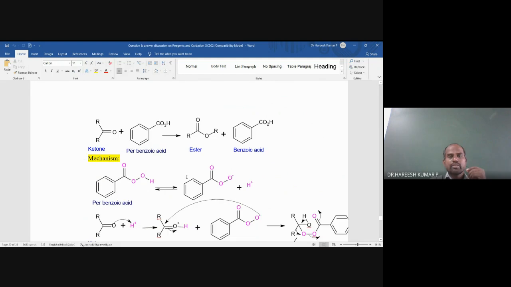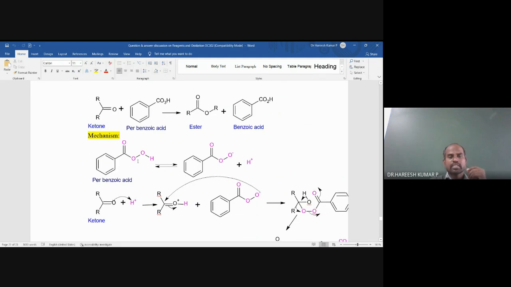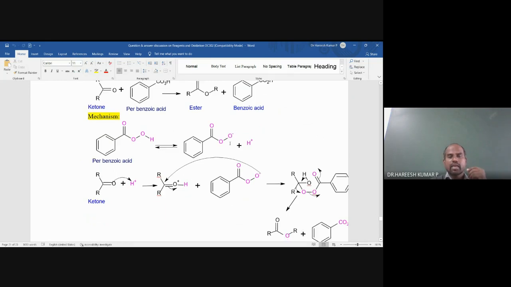If we look at the mechanism, this is the perbenzoic acid structure. In the presence of base, it will form an anion like sodium perbenzoate. A proton is liberated, and this proton reacts with the ketone and forms a carbocation. At that time, the peroxide anion forms a bond at the electron deficient carbon.